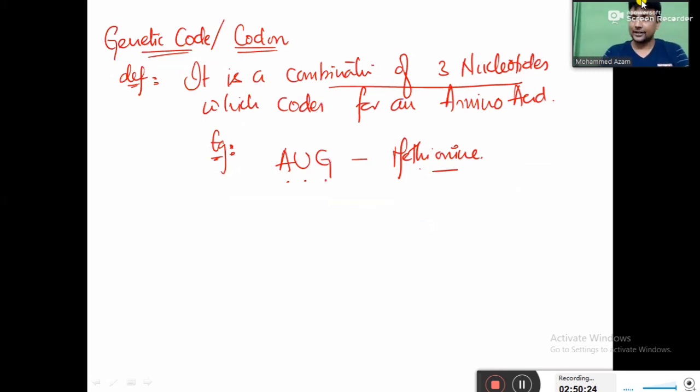Are you getting my point here right now? Genetic code or codon will be coding for an amino acid. It is a combination of 3 nucleotides. Perfect, done. We understood the definition.